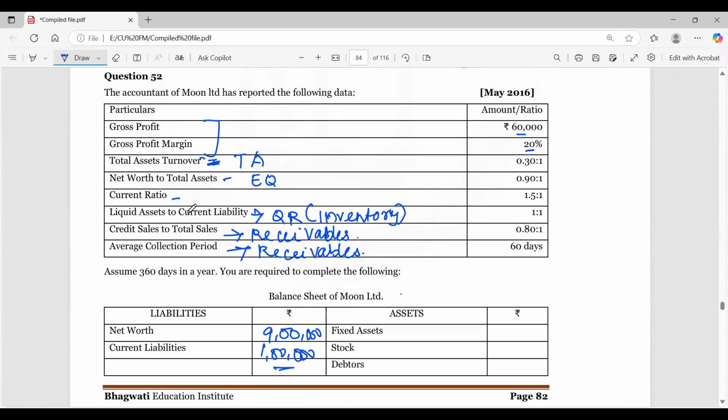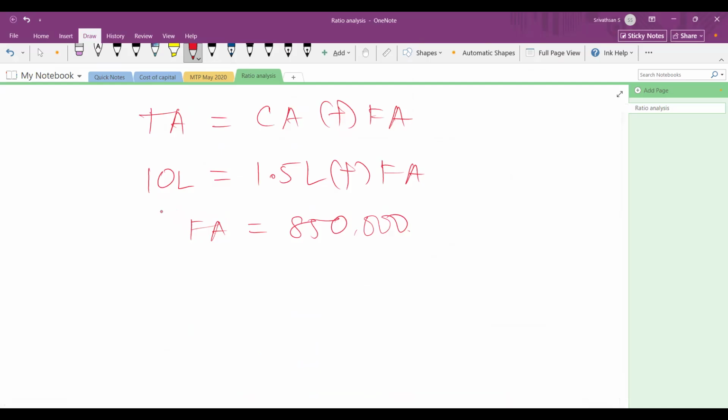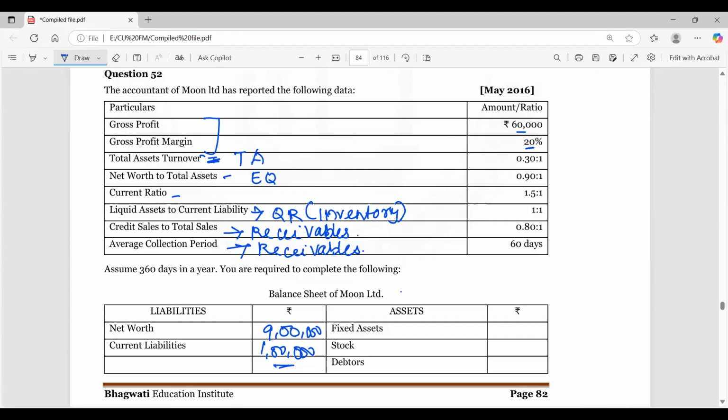So now we have stock turnover is given. No, it is not given. Inventory we can calculate using the liquid asset to current liability ratio. Working note number 6, inventory. Meanwhile, write down fixed asset is equal to 8 lakh 50,000.